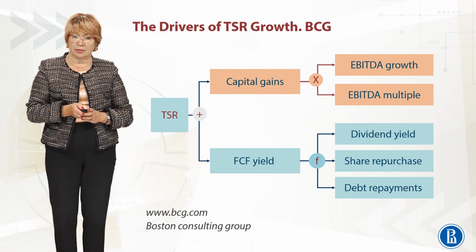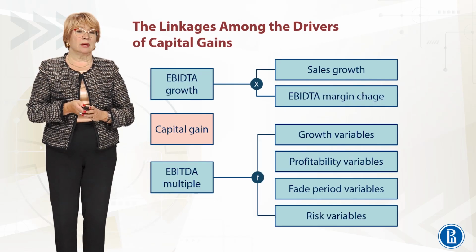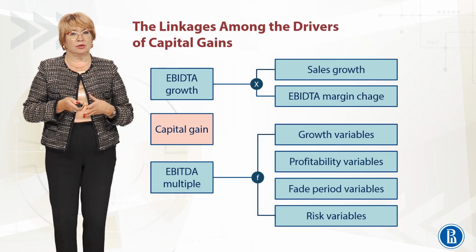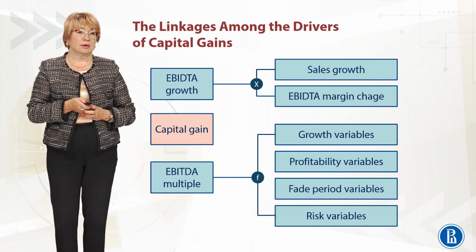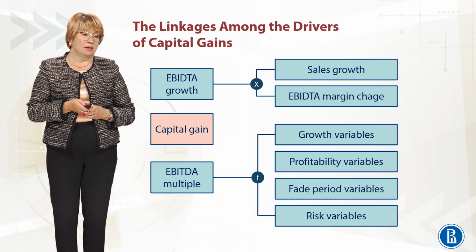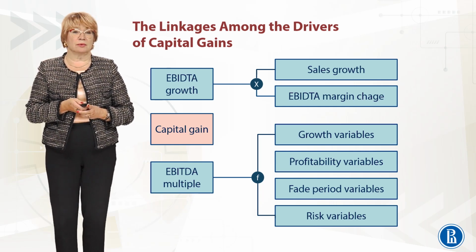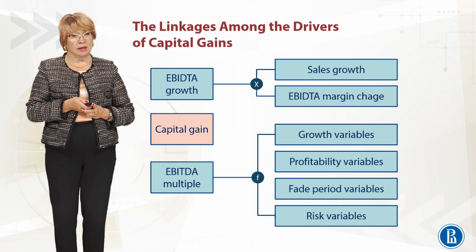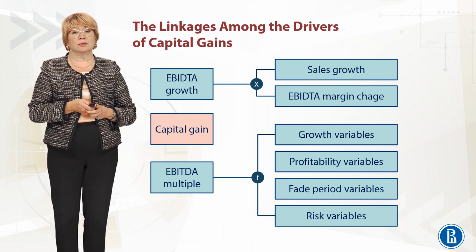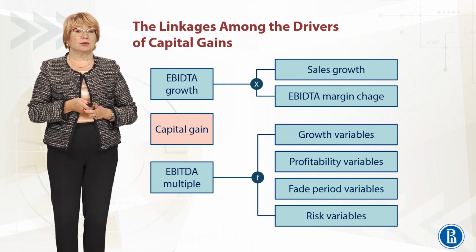Moving forward, we can also give an additional picture of these drivers. The capital gain, as we already mentioned, depends on the growth of the EBITDA, which is the parameter close to the operating cash flow of the company.